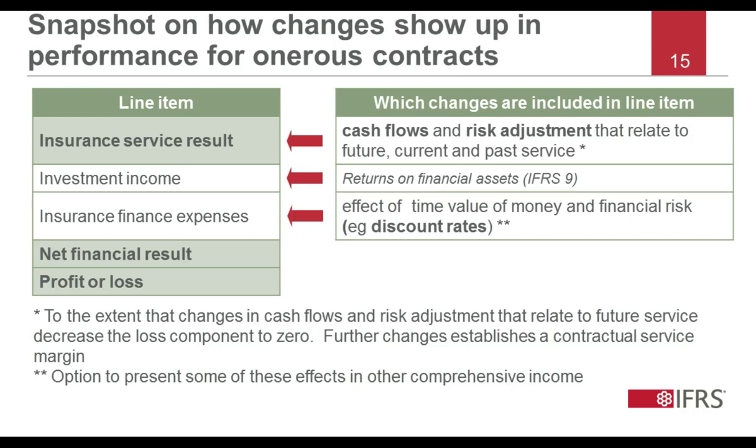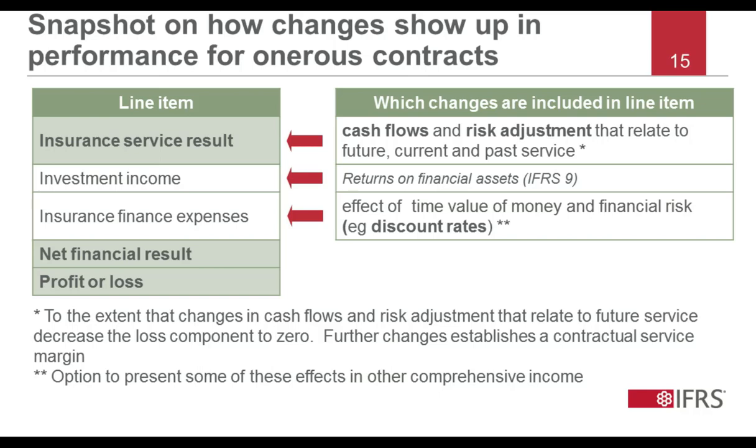Secondly, returns for financial assets and any other assets are reported as investment income. These are accounted for under other IFRSs as discussed before. Finally, the effect of the time value of money and changes in financial risk for the insurance contract are reported as insurance finance income, again as discussed before.